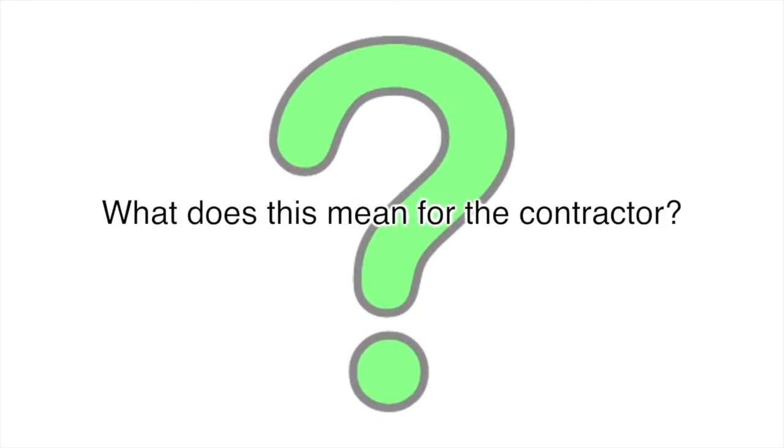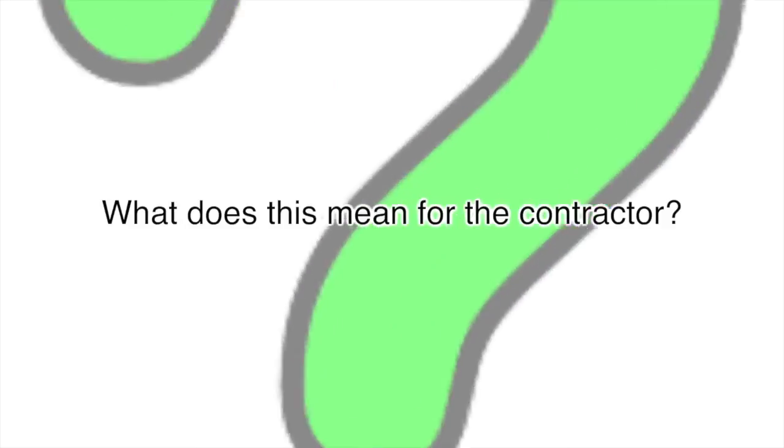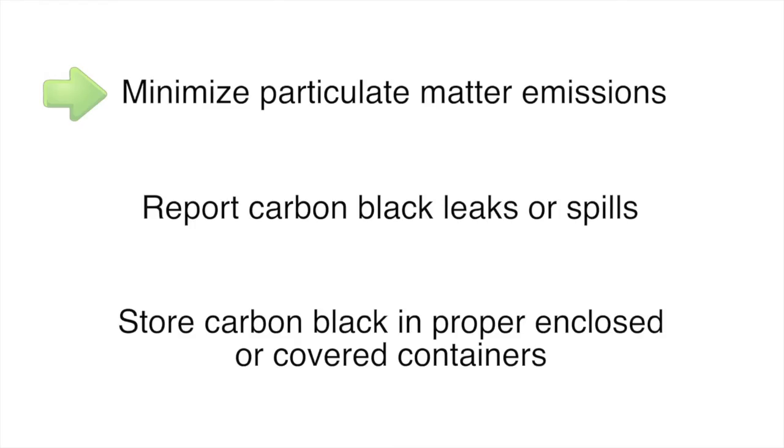So, what does this mean for a contractor performing work for Continental Carbon? While performing any work for Continental Carbon, the contractor shall take special precautions to minimize particulate matter emissions. If any carbon black leaks or spills are observed, it must be reported to your supervisor.